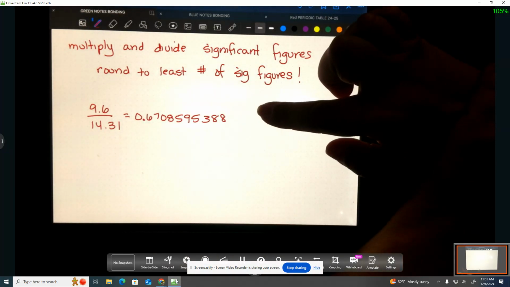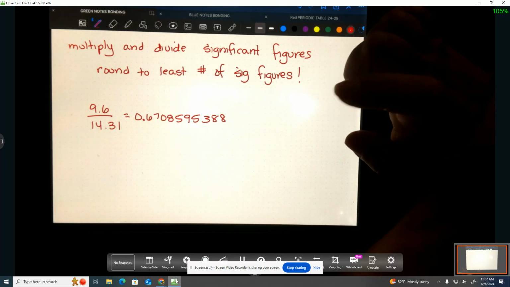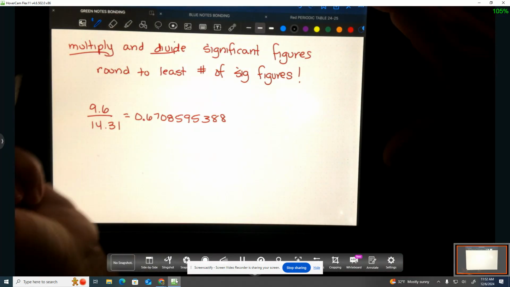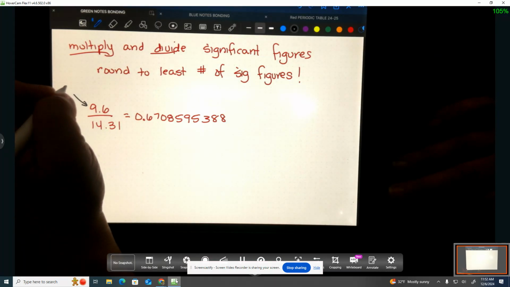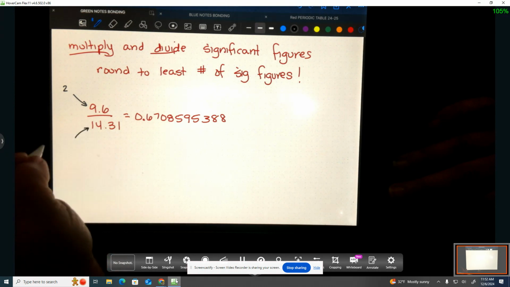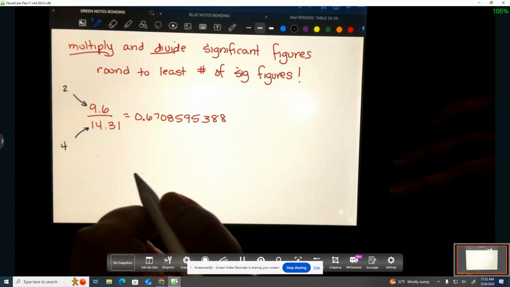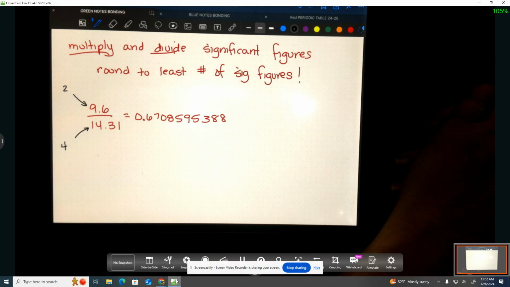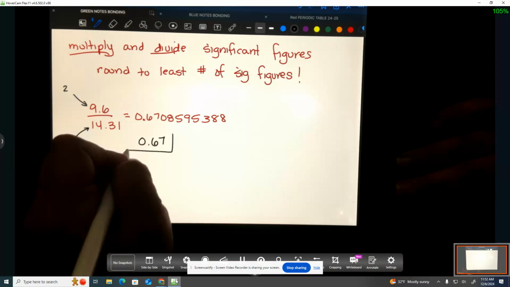Ugly number. When we multiply and divide, we round to the least number of significant figures. Well, how many sig figs does 9.6 have? 2. And what about 14.31? 4. Not decimal places, significant figures. So our answer has to be in 2 significant figures, which means our answer should be 0.67.